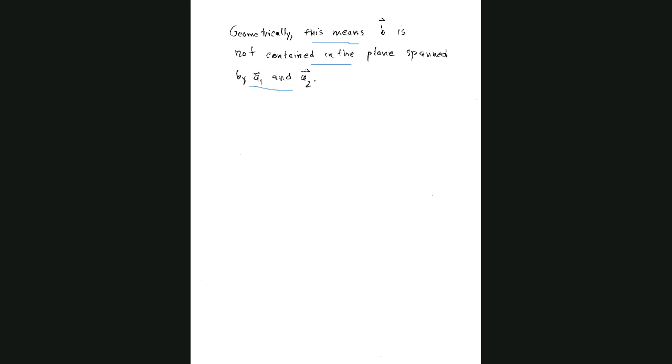The span is any linear combination of the vectors. That's how a span of two vectors is defined. So that would form a plane in R3.